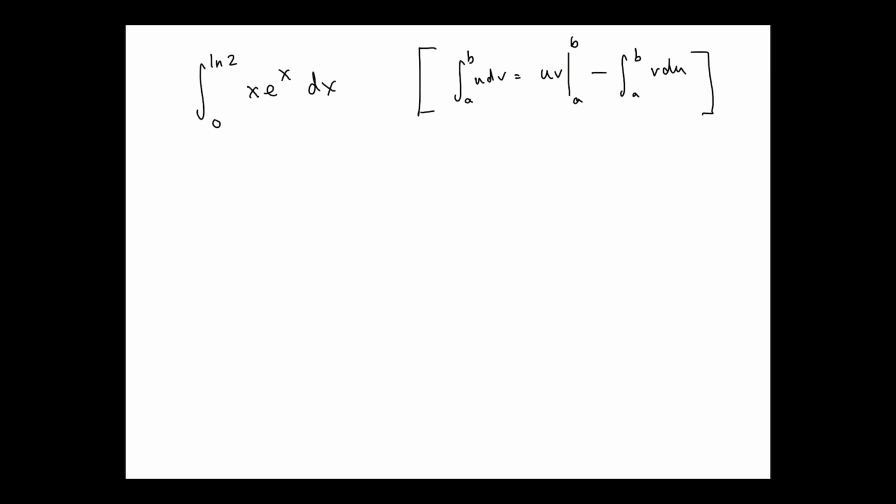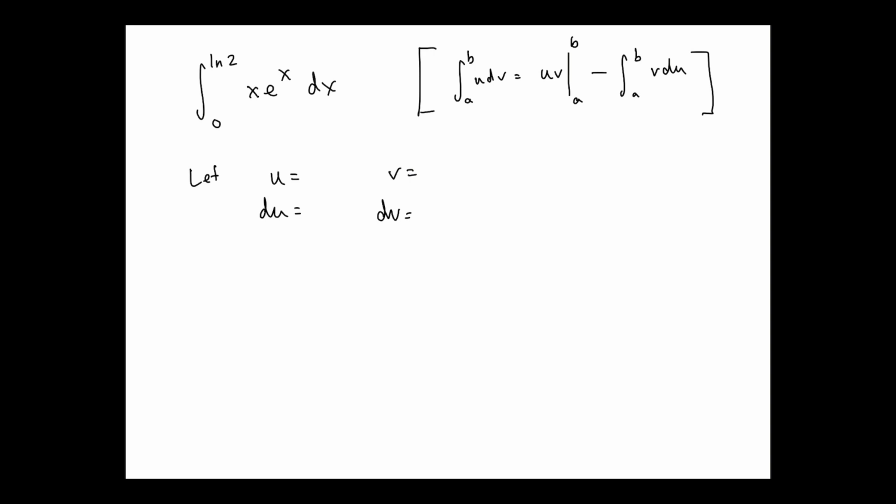Just a minor tweak. Okay, so in this case, we've got some choices to make, right? So we've got x e to the x dx. Some of that's going to be u, the rest of it's going to be dv. How should we choose this? Okay, so the first thing I said is, what always will be part of dv?